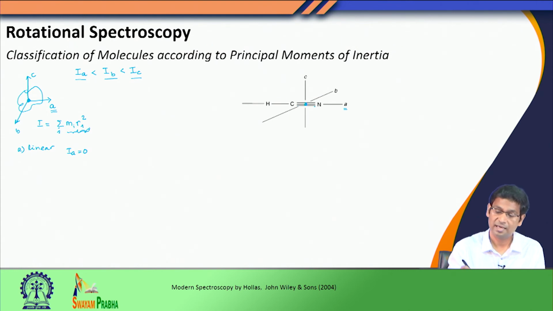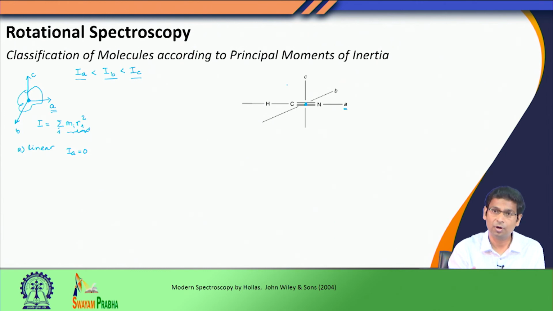What about I_B and I_C? The B axis is perpendicular to the plane of the screen. If I rotate this molecule around the B axis, the HCN molecule will rotate on the plane of the screen. This is called an end over end rotation. Alternatively, if I rotate around the C axis, which lies in the plane of the screen, the molecule will rotate perpendicular to the plane of the screen.